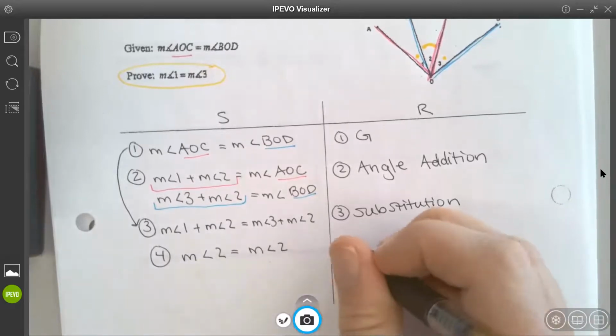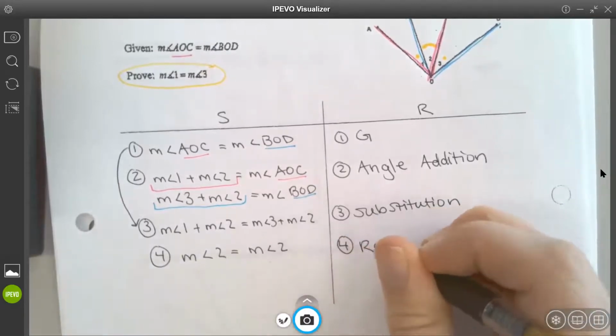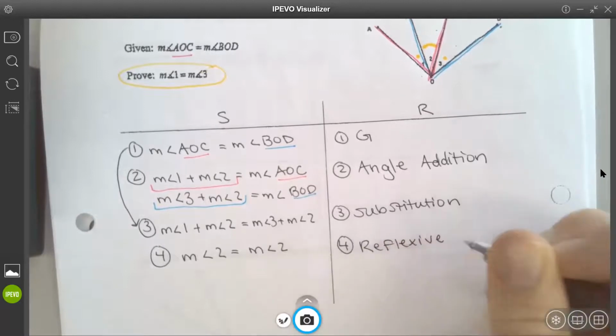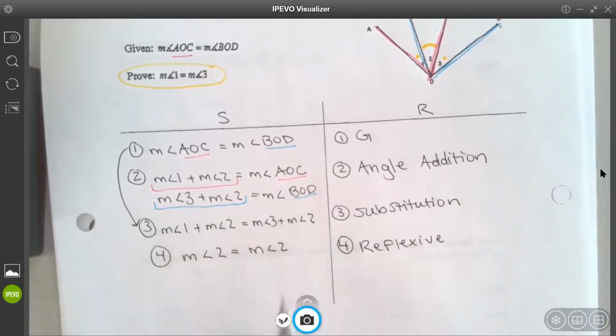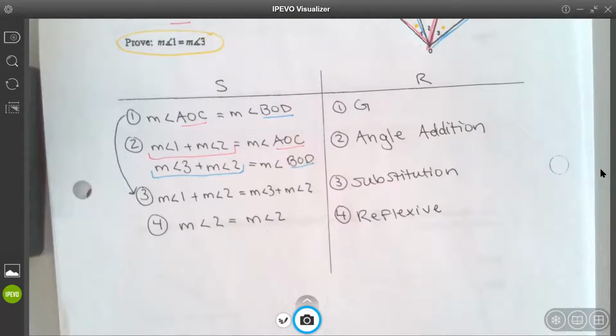That's that new property, reflexive, where we say this is the same angle, talking about the same thing on both sides of that equation. Like your reflection, it's the same.